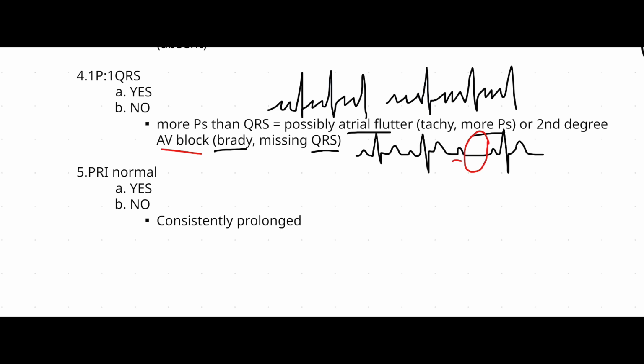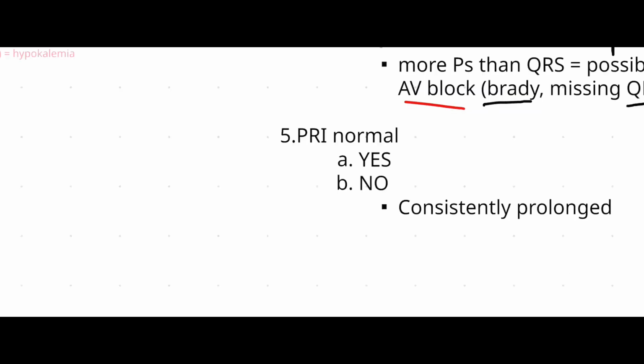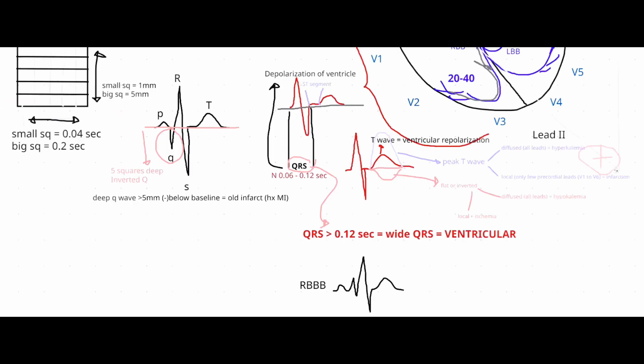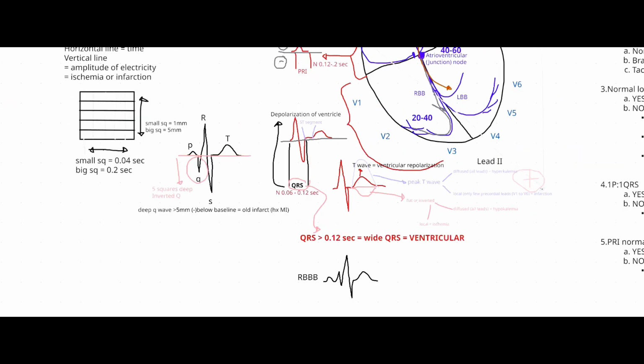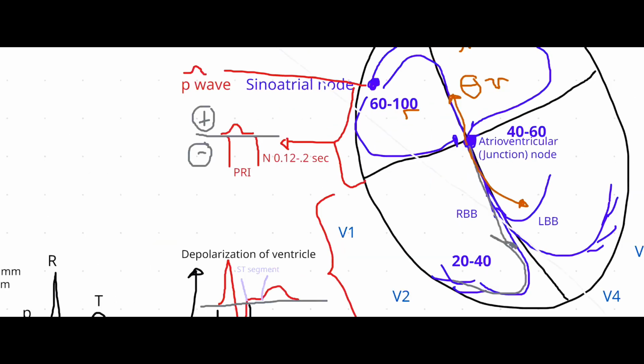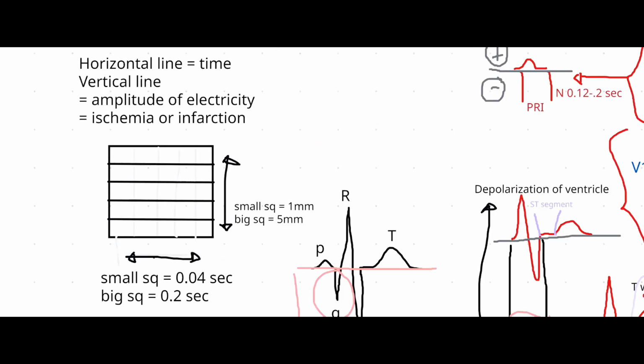So from the beginning, where did we put our PR interval? PR. Didn't I draw one? Oh, here you go. So from the beginning of the P to the beginning of the QRS, it would fit in this square here.